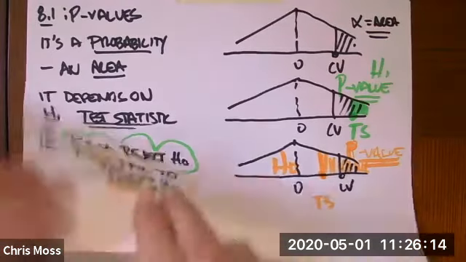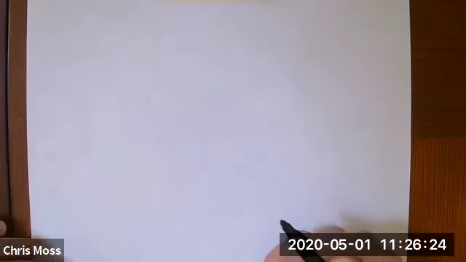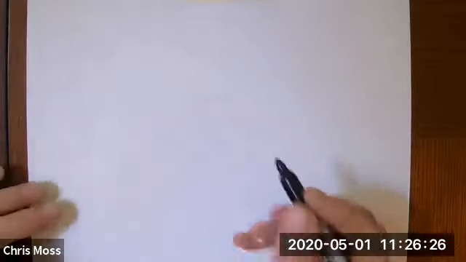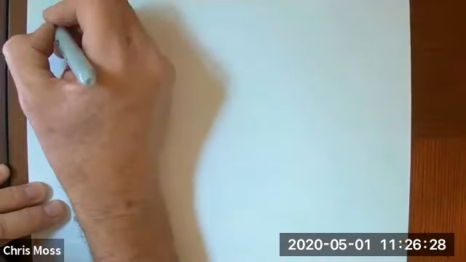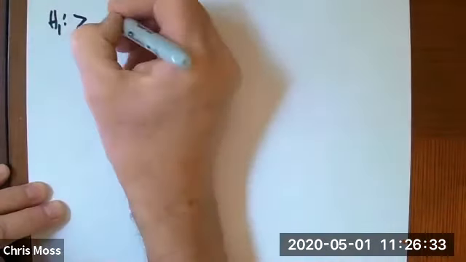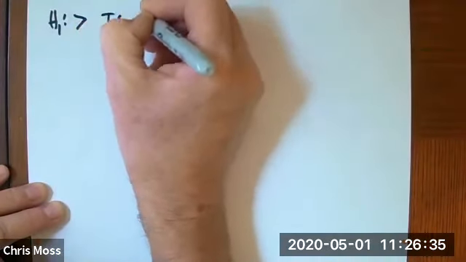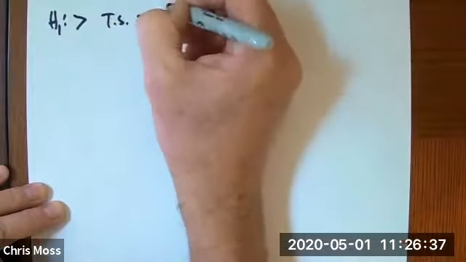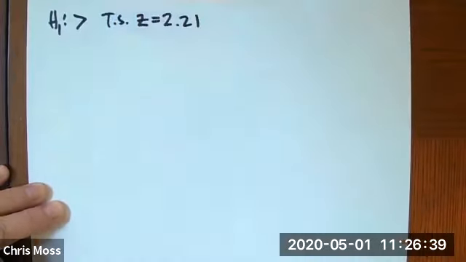Now, let's take a look at an example or two where we actually find a p-value. As I say, it depends entirely on the alternative hypothesis and the test statistic. So my first example, it's a right tail test. My test statistic, z equals 2.21.